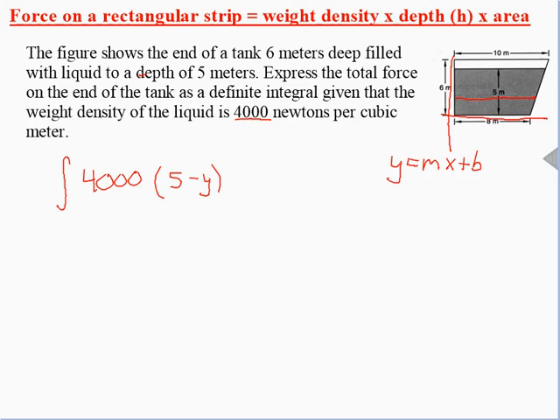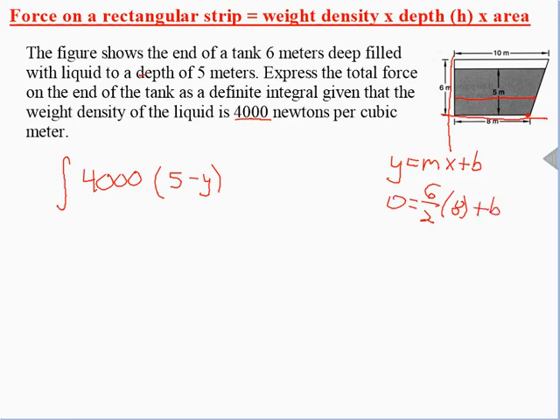So we can find our slope because it's going up 6. So our rise is 6 and our run is 2. So our slope is 6 over 2. And we know a point that it goes through, this point right here. This is the point 8, 0. So x is 8 when y is 0.